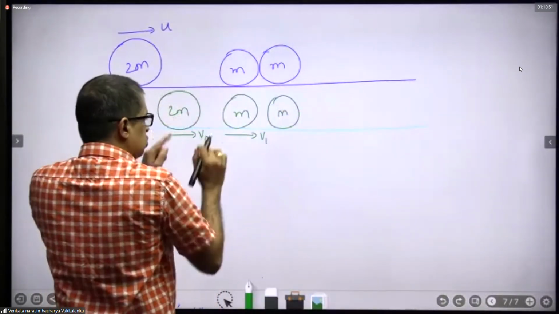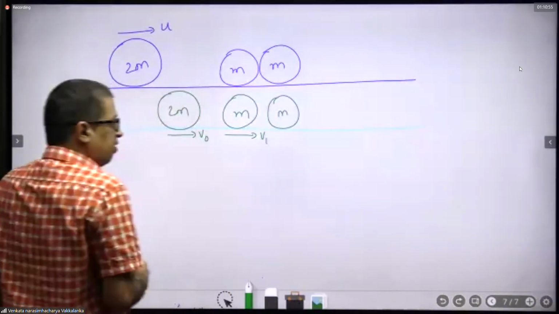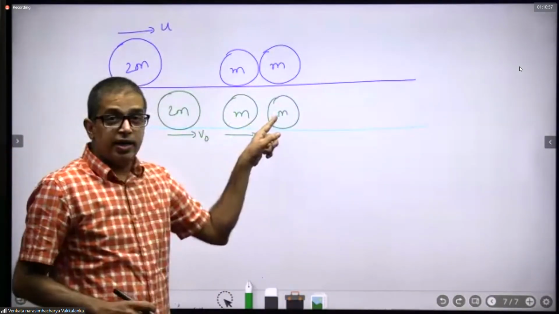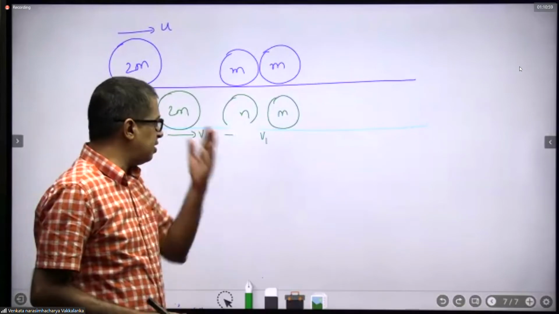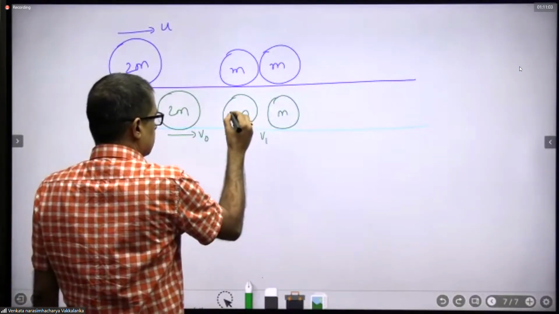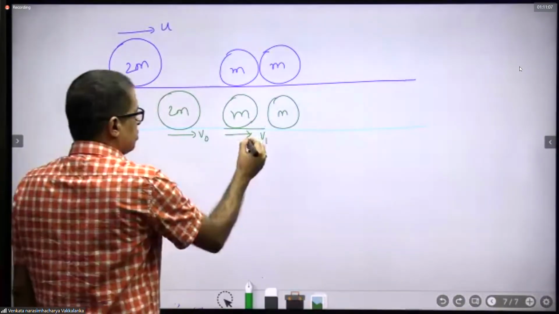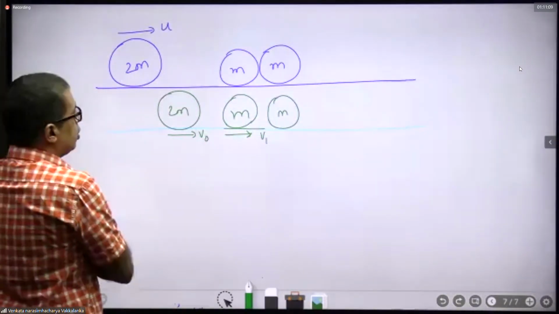Collision is between these two. This will transfer momentum to this, then we will see. Here these both are identical masses, so they will interchange their velocities. First of all, find out v0 and v1.